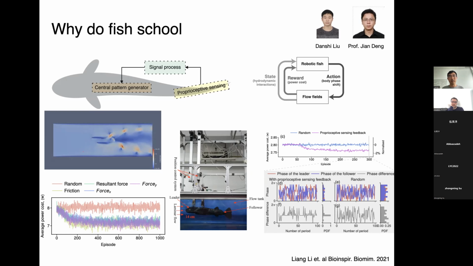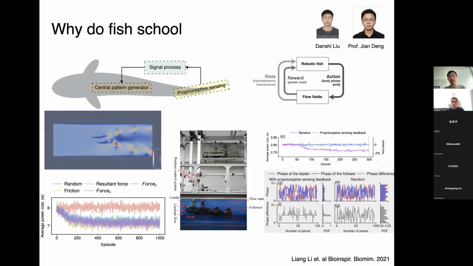And we find both of them, or any of them, is already effective for the robot, or for the simulated robot, to save maximum energy by sensing the flow with proprioceptive sensing and adjusting the body kinematics to save energy.